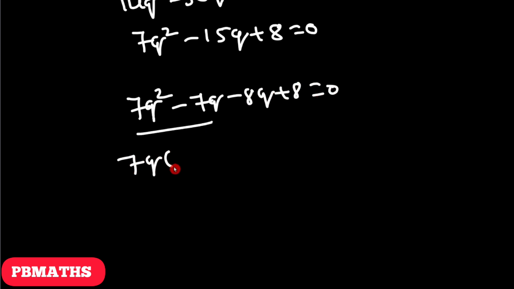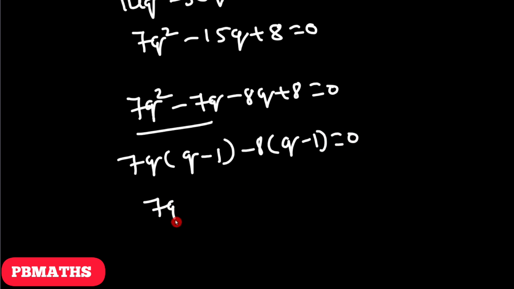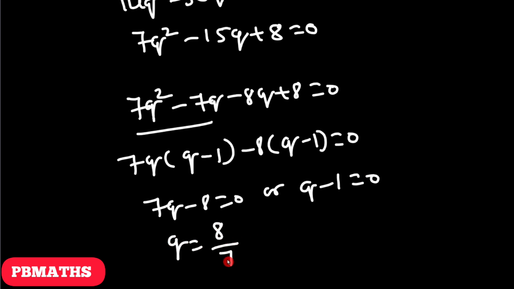Then we have 7q times (q minus 1), and here we have minus 8 times (q minus 1) equals 0. So 7q minus 8 equals 0, or q minus 1 equals 0. We get the value of q as 8 by 7, or we get the value of q as 1.